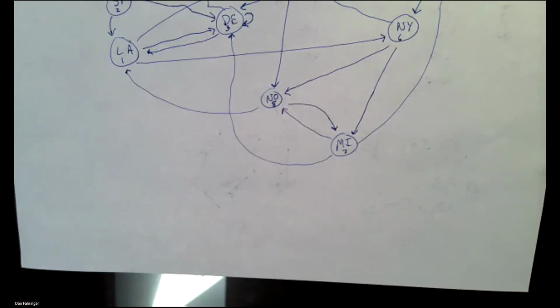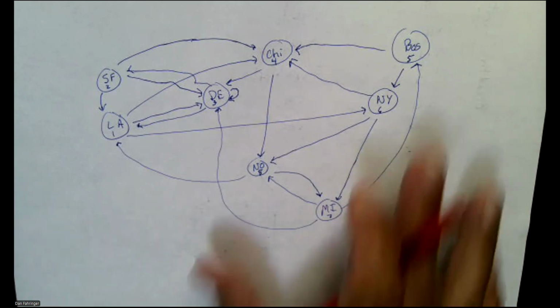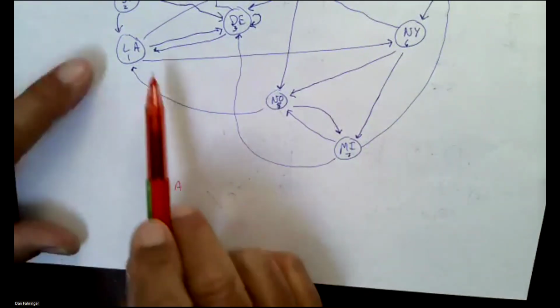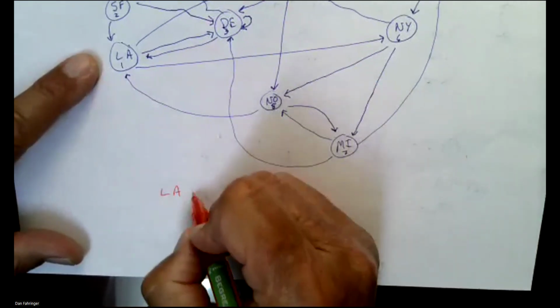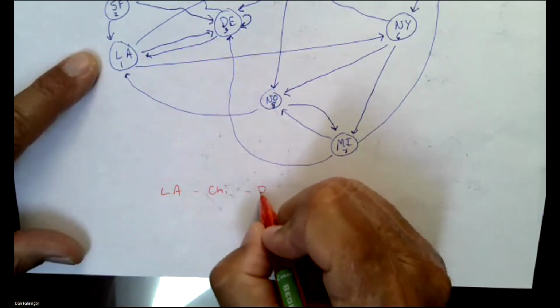Do you want to do a breadth search first? Let's just take a look at it. A breadth search right now. Pick a city. LA. I'm okay with that. Where does LA go? LA goes to Chicago. LA goes to Denver.